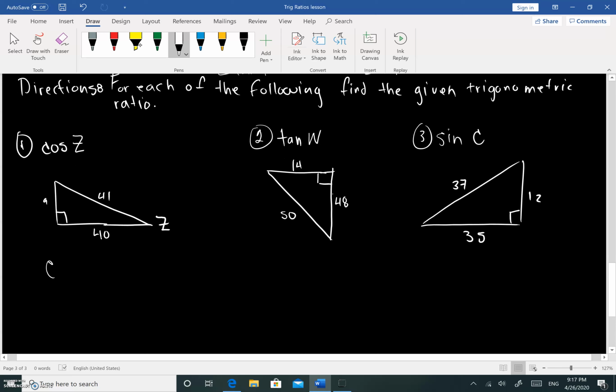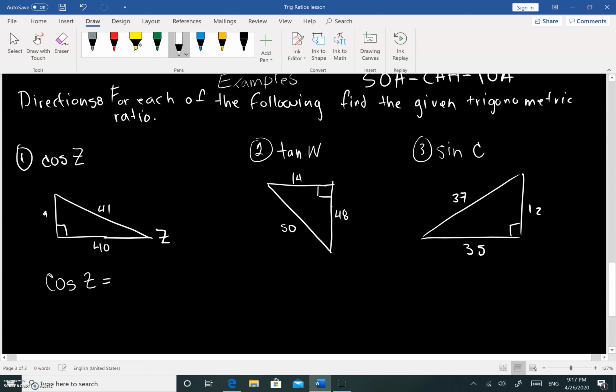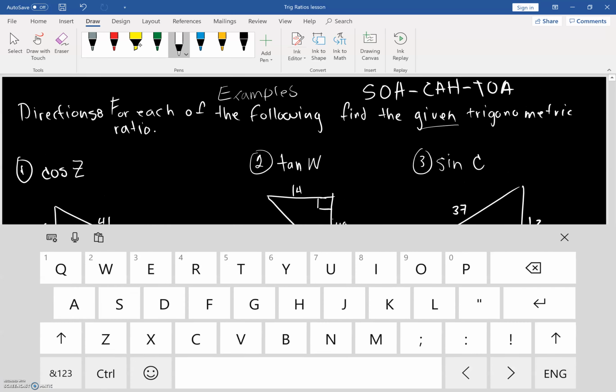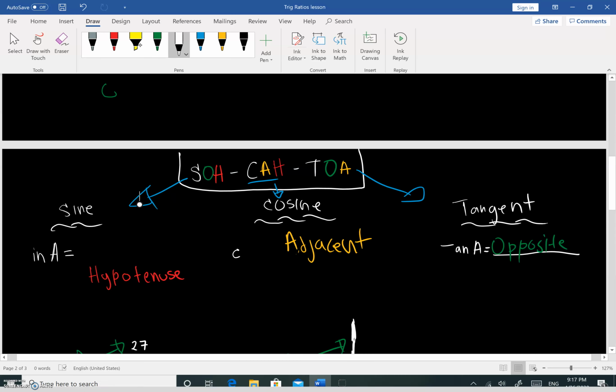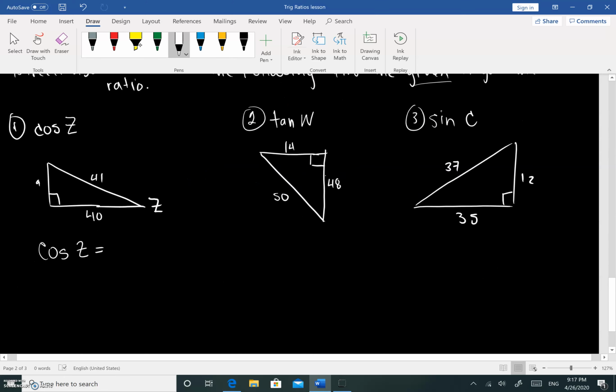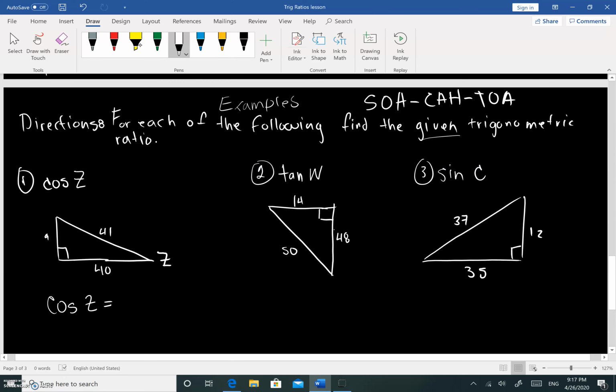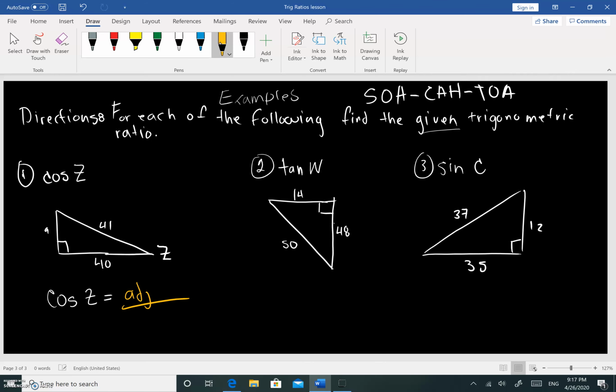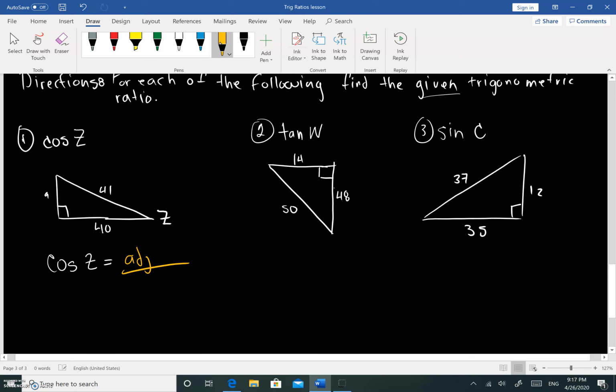So it's going to be cosine of C is equal to, well, the acronym for CAH is AH. So AH stands for adjacent over hypotenuse. So we're going to write that down, adjacent, and I'm going to use abbreviations, over hypotenuse.